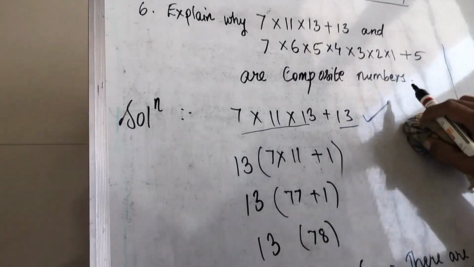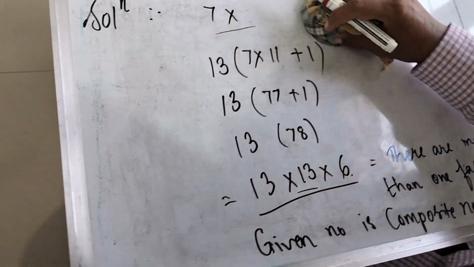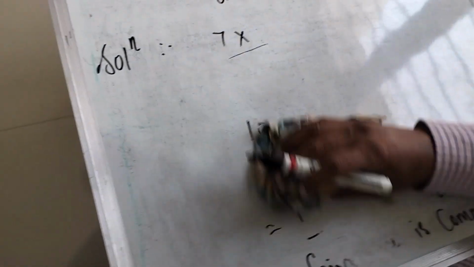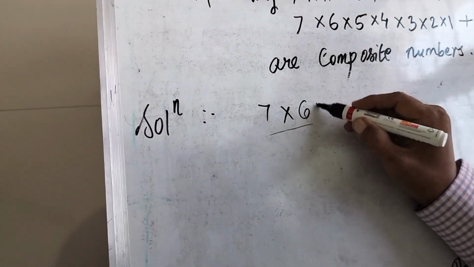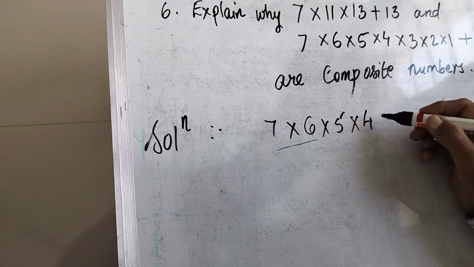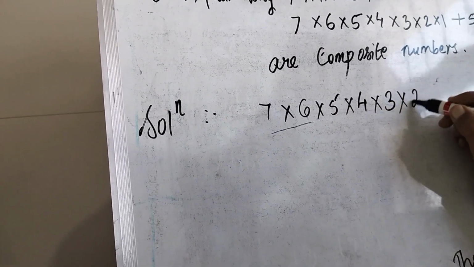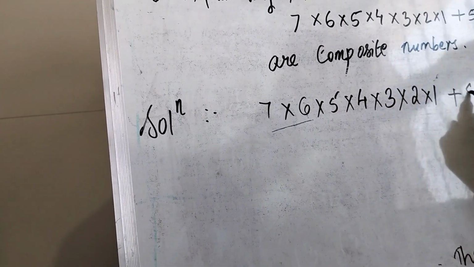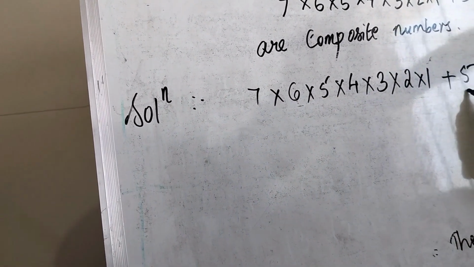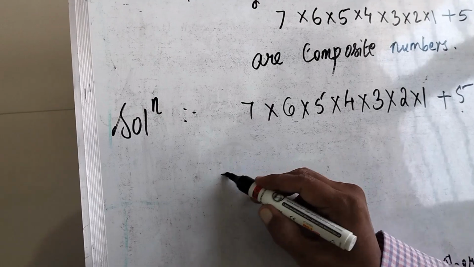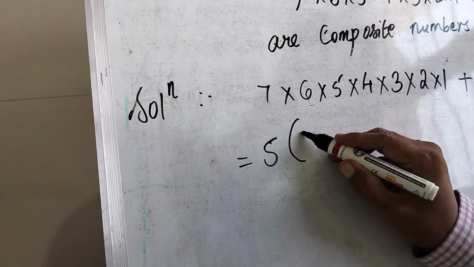Similarly, we can do the second part, which is 7 into 6 into 5 into 4 into 3 into 2 into 1 plus 5. Now here this is one part and this is the second part. So what is common? 5 is common.